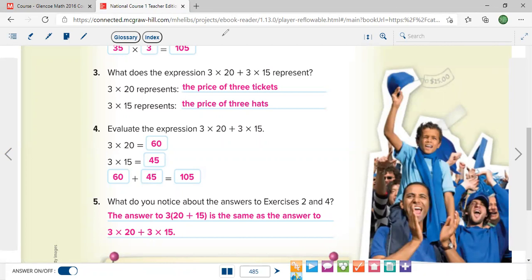What does it mean? Means if there is a number multiplied by parentheses, it must be multiplied by the first, then multiplied by the second. This is another method. So 3 parentheses 20 plus 15 is like 3 times 20 plus 3 times 15.